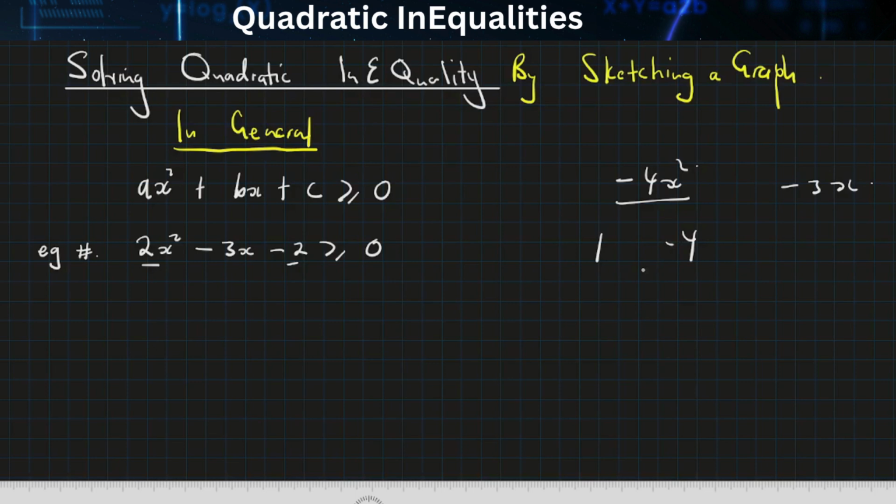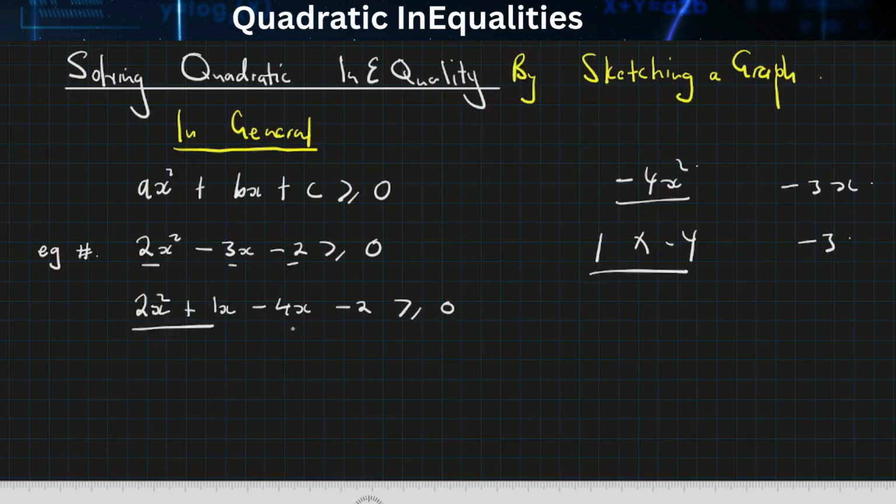This 1 times this, we're going to get negative 4, and if we add these, it's going to be negative 3. So we're going to replace the middle term by this value, so it's going to be 2x squared plus 1x minus 4x minus 2 is greater than or equal to 0.